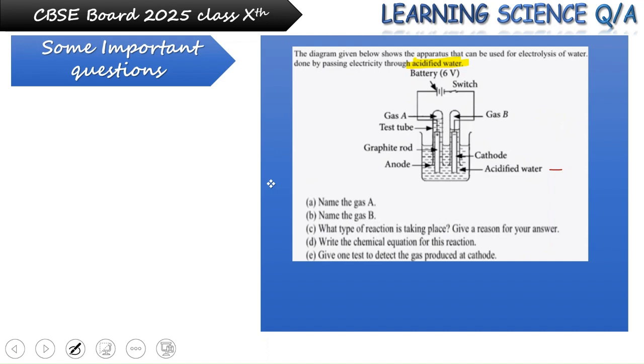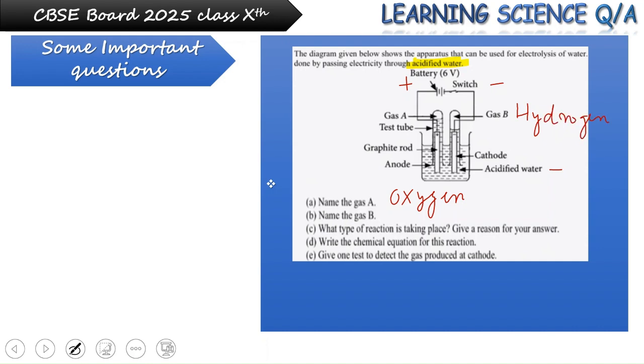Now, during electrolysis, they have asked you to name gas A and gas B. We have the negative terminal at this side, and the positive terminal at this side. We need to remember that the gas liberated at the anode side will be oxygen, and the gas liberated at the cathode side will be hydrogen. So our gas B will be hydrogen.